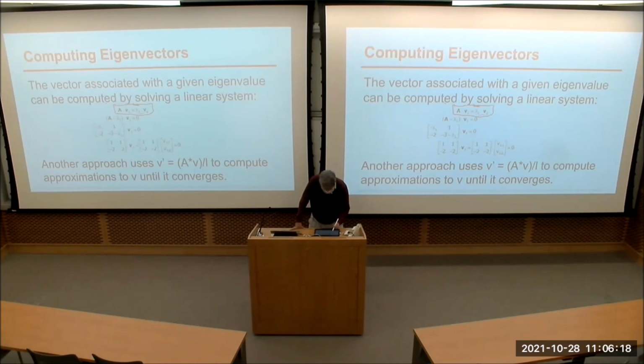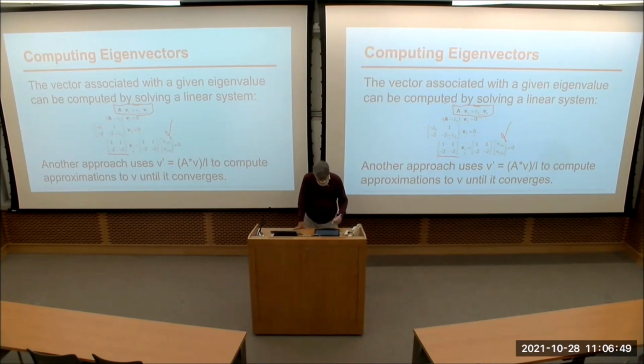This gives me a matrix times the vector equal to 0. If I plug in the value of the eigenvalue, I get a matrix times V, and I can solve these equations to determine the vector. So by doing these linear algebra things, you can find the eigenvalue, eigenvector pairs.